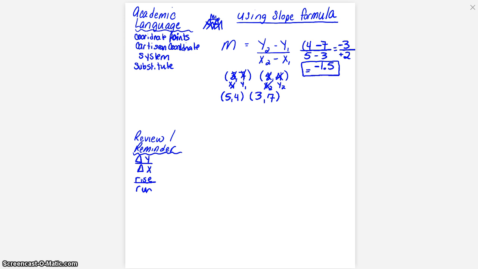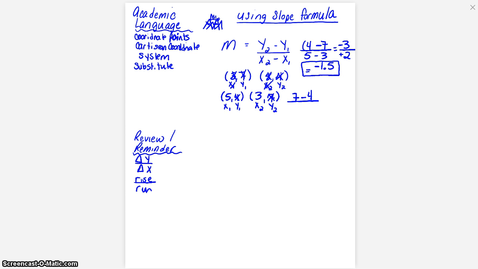So let's label these this time. Let's label 5 and 4 x1 and y1, and 3 and 7 x2 and y2. Okay, now let's substitute those back into the equation, which is going to be different. So if I start with y2, I'm going to have 7, right? Minus y1, which is 4.